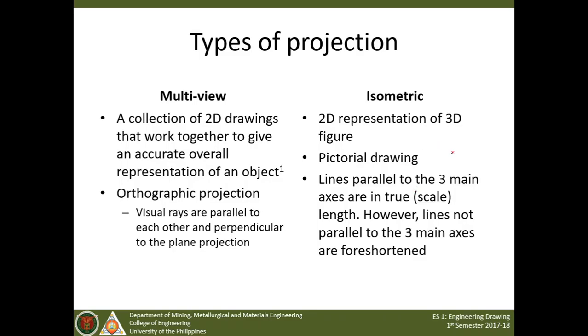So meaning, what I said earlier, 1 unit in the x-axis is equal to 1 unit in the y is equal to 1 unit in the z-axis. Lastly, lines not parallel to the three main axes are foreshortened in this view. So more of foreshortening when we proceed to the isometric techniques.